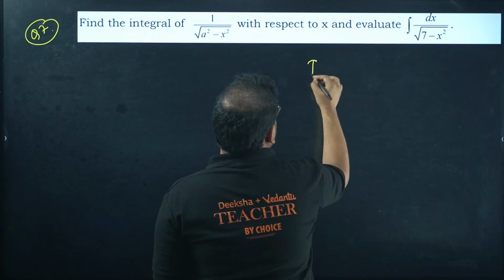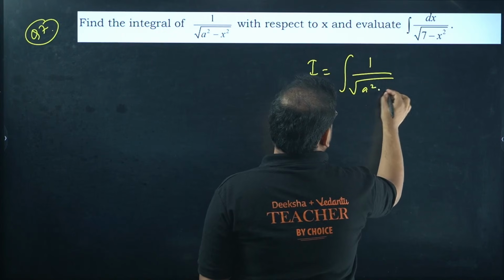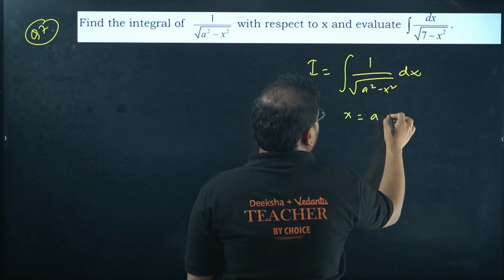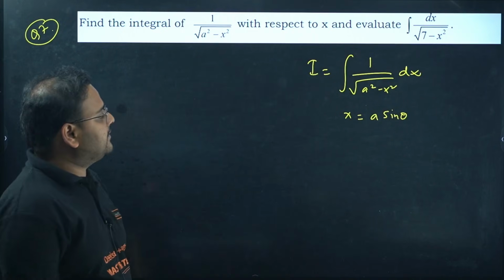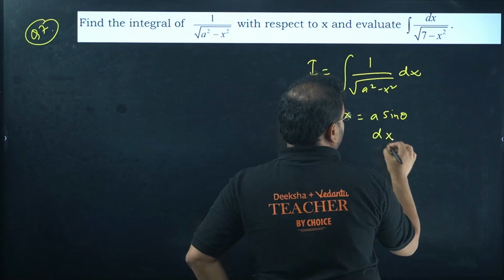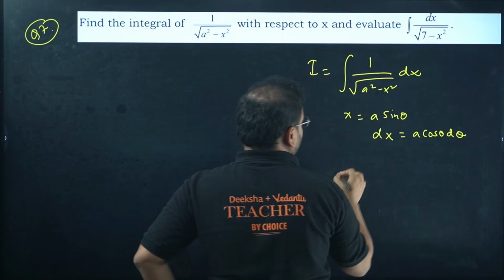Simply in this integration that you have, 1 upon a square minus x square dx, take the x value as a sine theta. When you do that and differentiate it, you're going to get dx as a cos theta d theta, and this will become what?